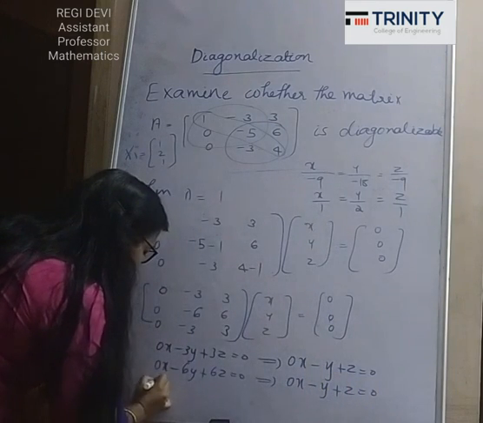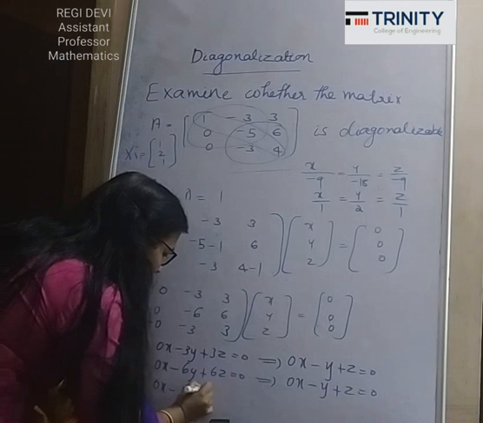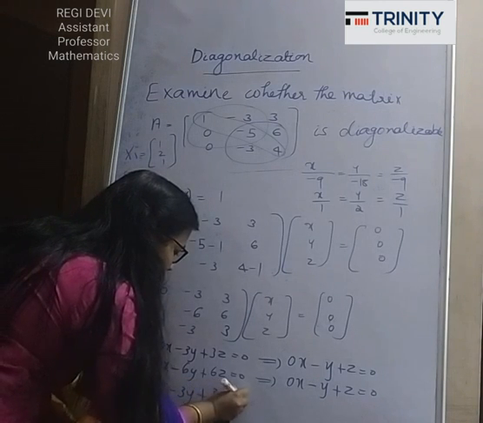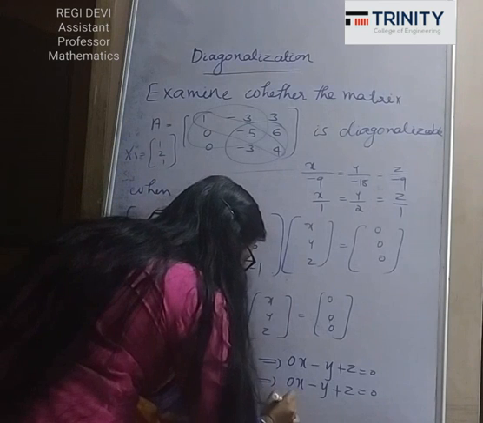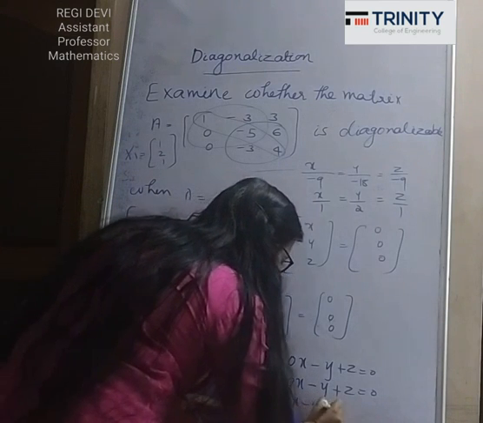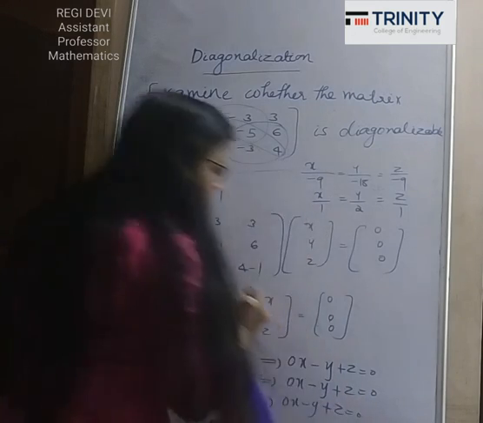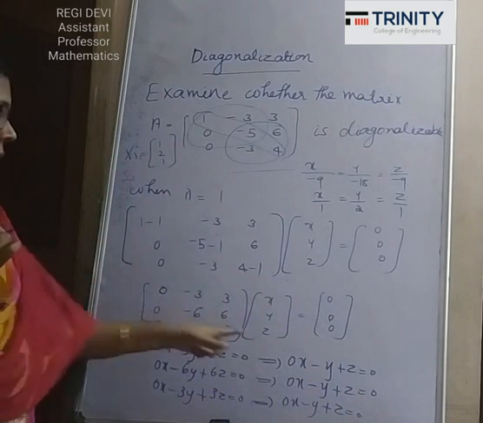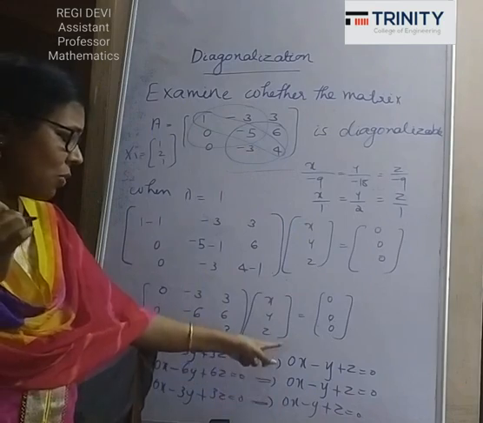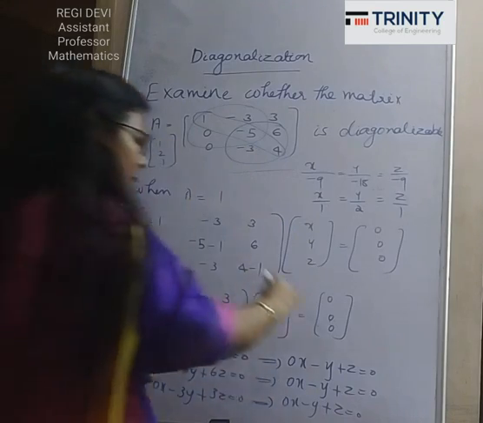Then the third equation is 0x minus 3y plus 3z equal to 0, that is 0x minus y plus z equal to 0. These three equations are the same, therefore we have to choose only one equation.